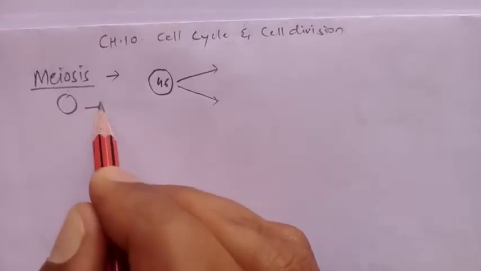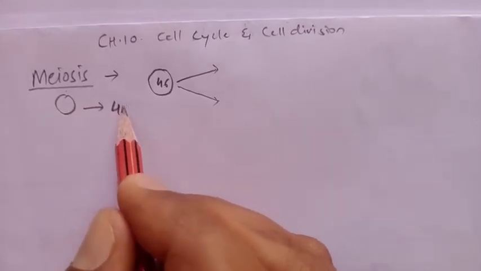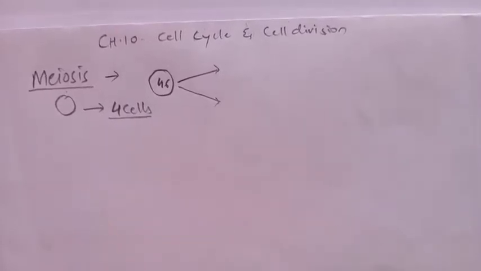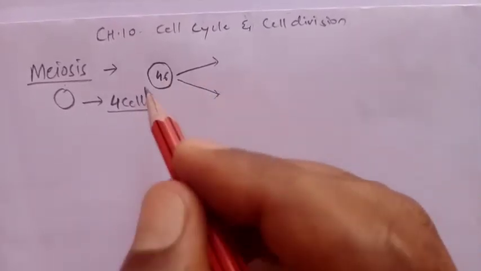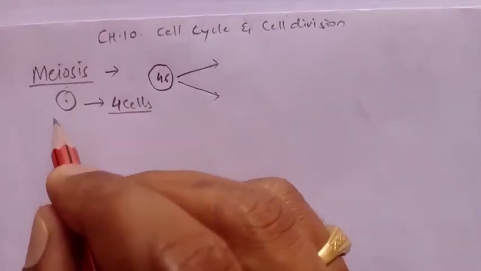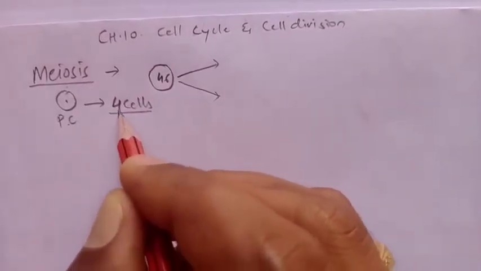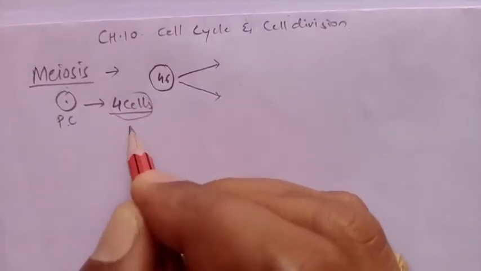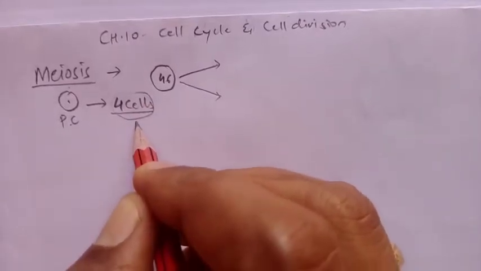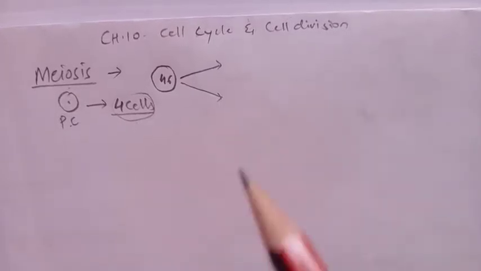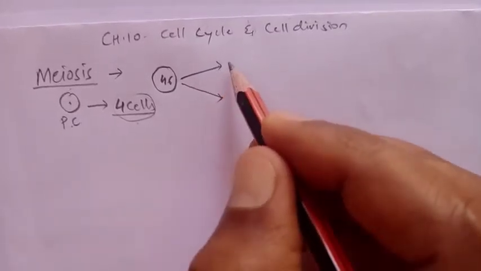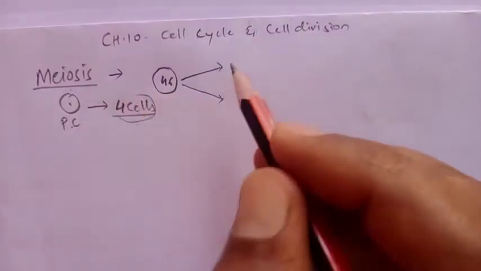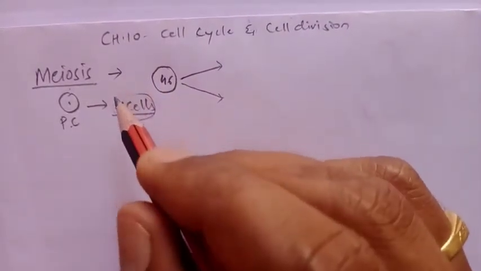So there is a parent cell, and 4 daughter cells are formed. These 4 daughter cells are haploid in their chromosomal number. The cell divides 2 times, and later on we will see the stages of this.